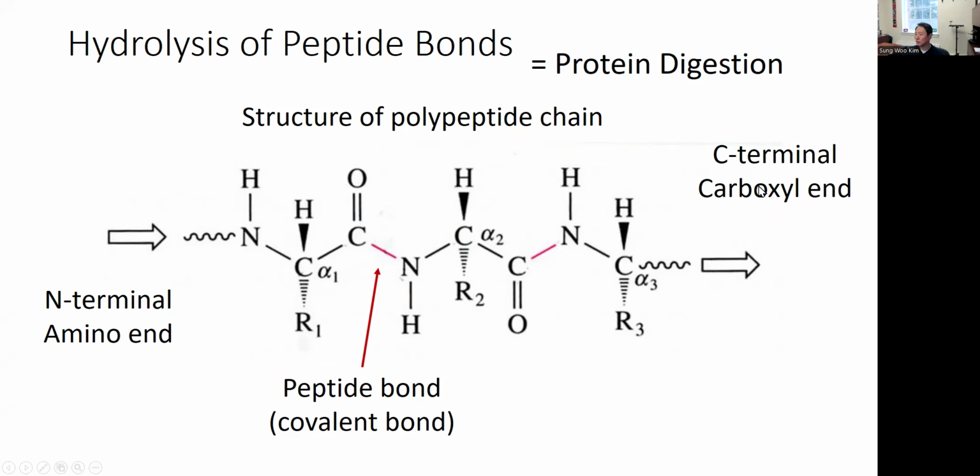This nitrogen end is called the N-terminal, the amino end, and the carbon on the right side is called the C-terminal, the carboxyl end. Amino end, carboxyl end, or N-terminal or C-terminal. Okay? So always put the amino end on the left side, carboxyl end on the right side. That's the agreement.